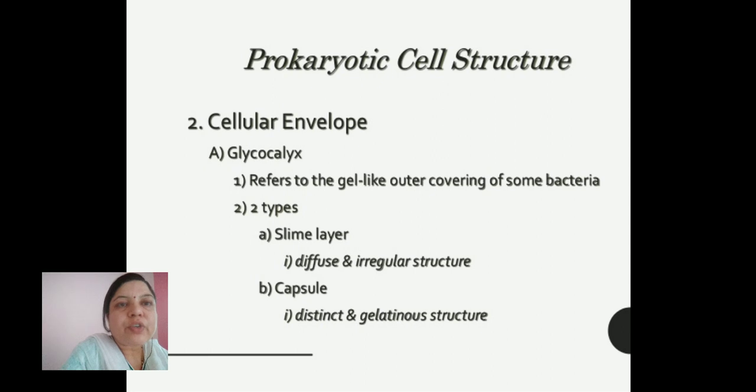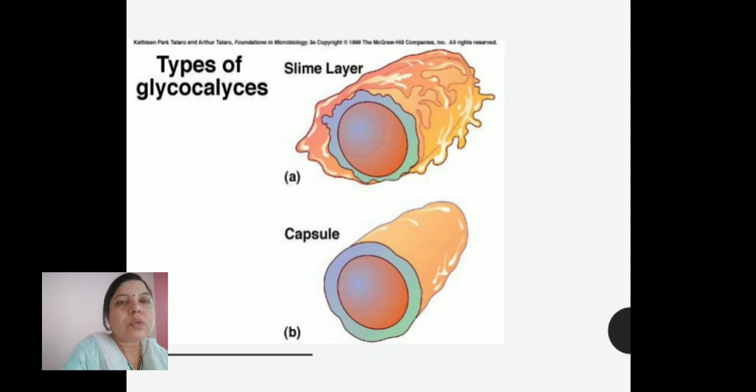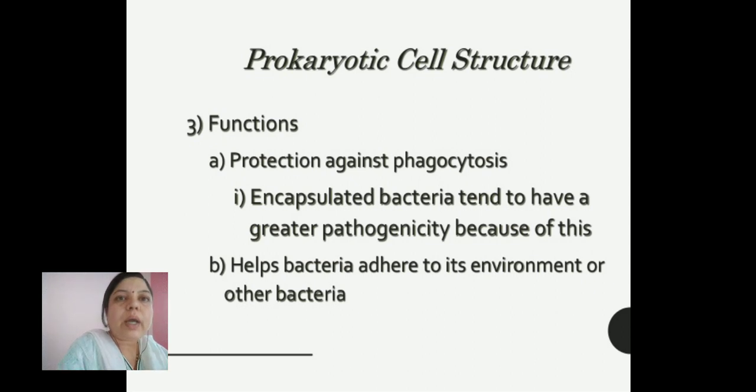So glycocalyx refers to a gel-like outermost covering present in some bacteria. There are two types, one is slimy layer and the other is capsule. Capsule is the tough structure and slimy layer is the thin structure of the carbohydrates.